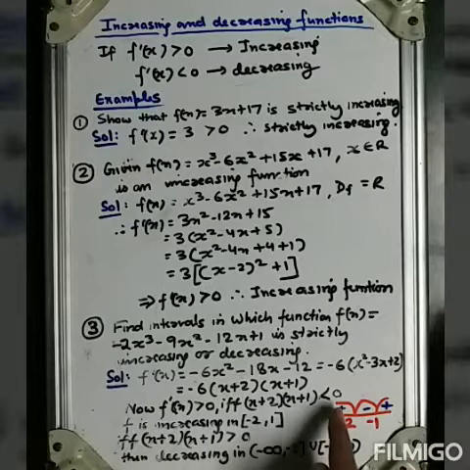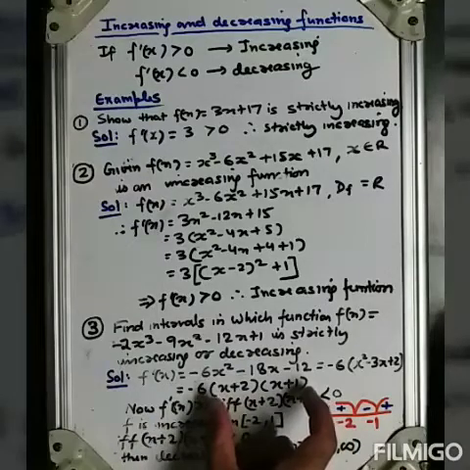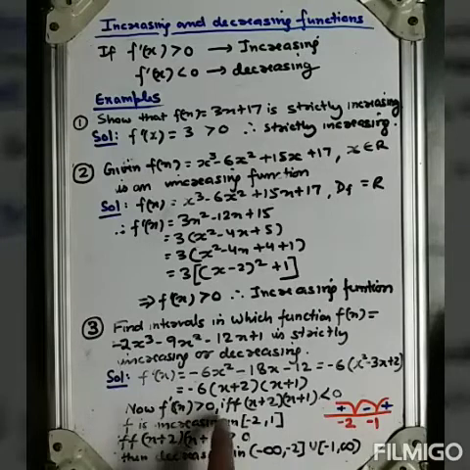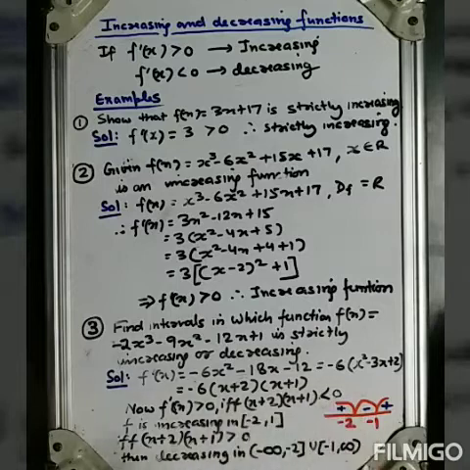Why negative? Because if this part is negative, then negative becomes positive. So to make it the increasing function, this value should be greater than 0, so this part should be less than 0.